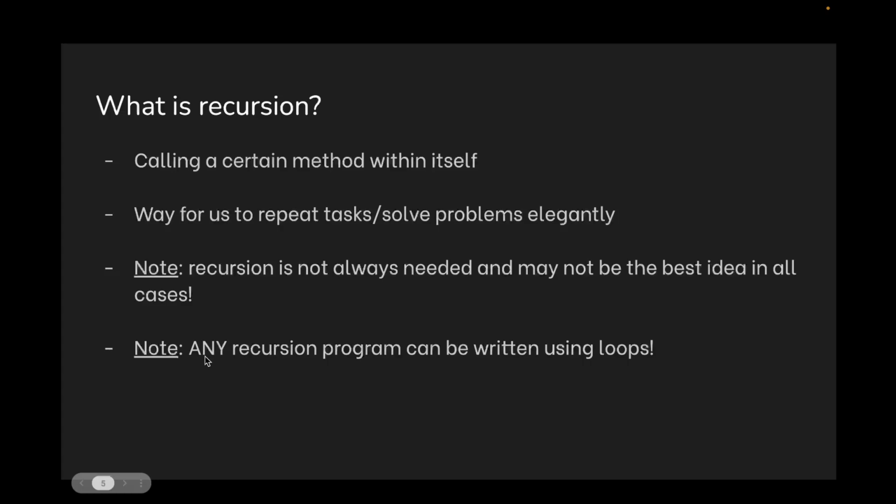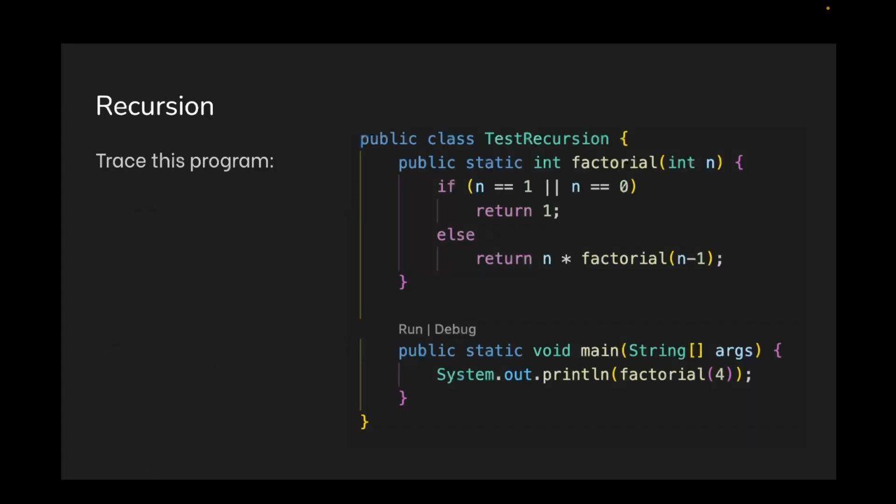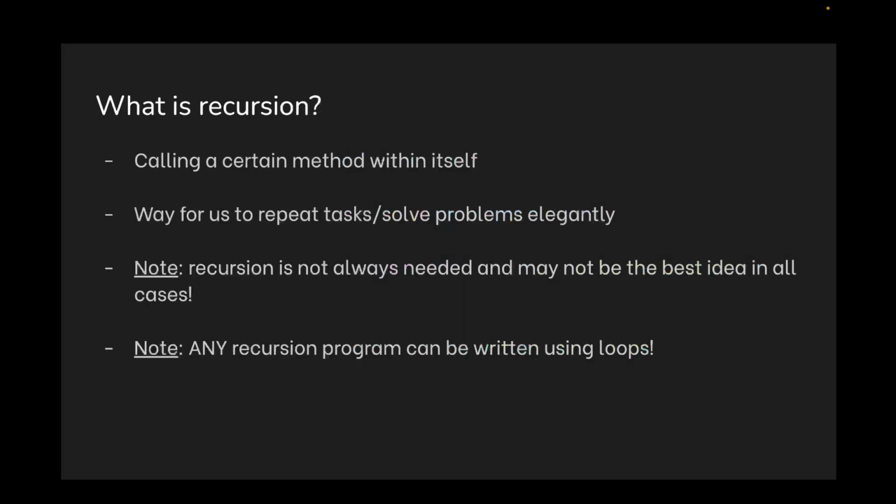Because if you see here, I wrote any recursion program can be written using loops, and if we write this function using loops, it looks a lot more complicated than if we did it using recursion. So recursion is a way for us to do problems elegantly and in a simplistic manner. And then I put one more note here: recursion is not always needed and may not be the best idea in all cases.